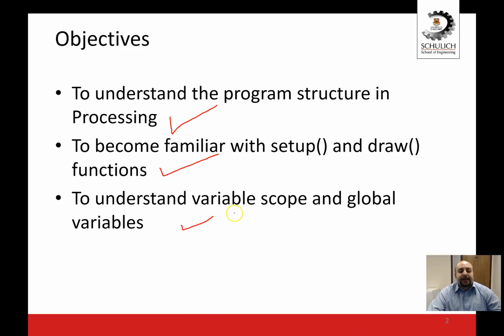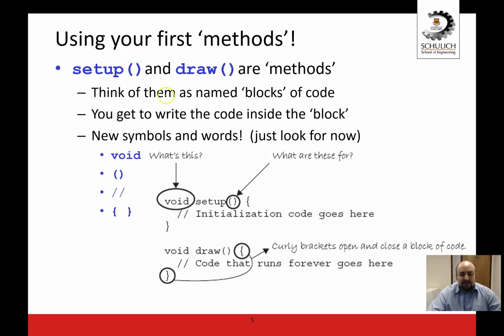First of all, we have the two functions. They're called setup and draw. So they're referred to as methods or functions. Basically, think of them as blocks. So we have been using predefined functions.